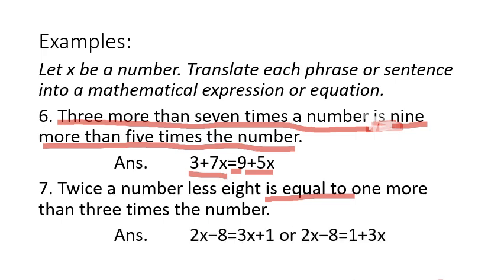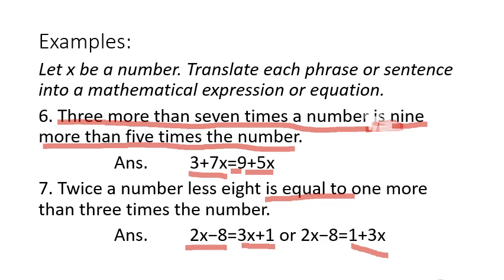You can have 2x minus 8, that is twice a number less 8, is equal to 1 more than 3 times the number. 1 more than 3 times the number is 3x plus 1, or pwede rin ito, 1 plus 3x. Pareho naman ang value yan kasi sa addition, pwede tayong magpalit ng order ng terms.